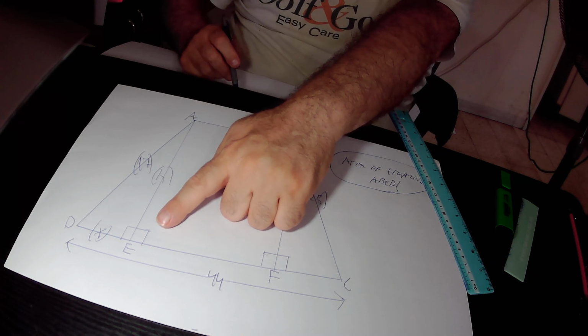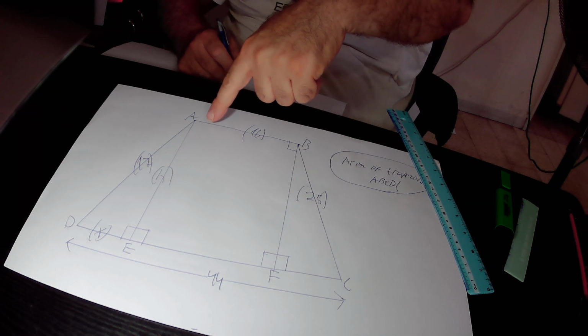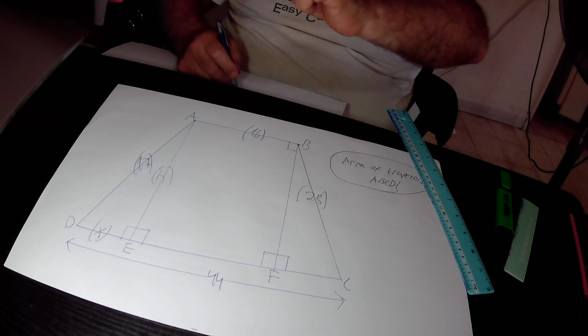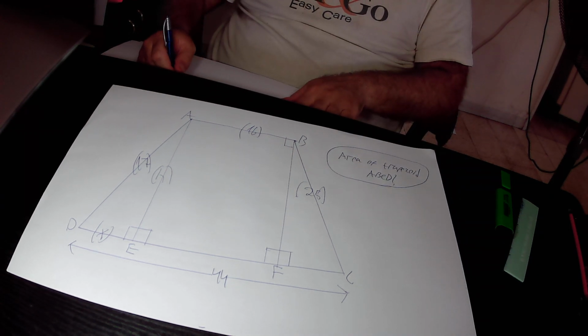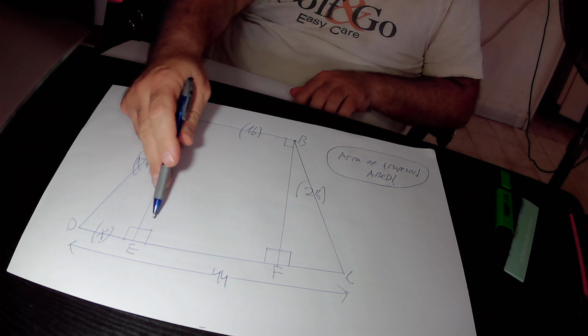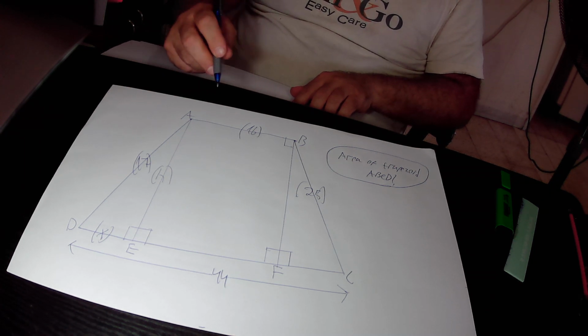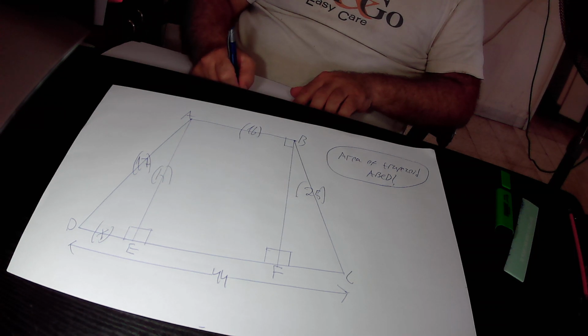So this angle equals 90 degrees, plus the missing angle BAE. In total, the sum must be equal to 180 degrees according to rule 16.